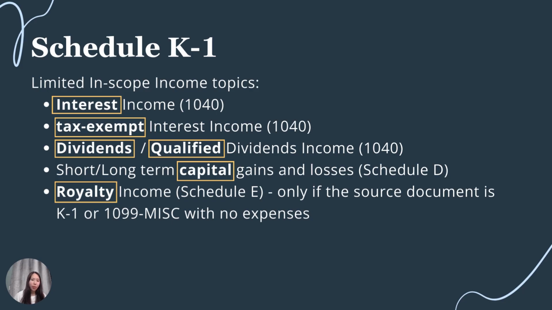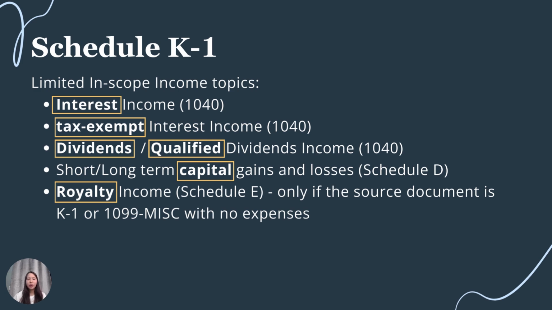If you want to know if the VITA site can do your dividends, tax exempt interest income or capital gains, I encourage you to watch the rest of my video series as we go into exactly what the VITA site is qualified to do in regards to these certain situations.